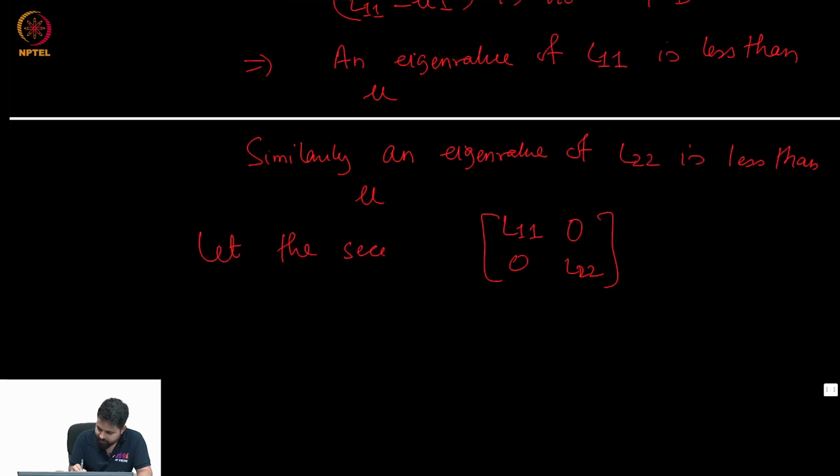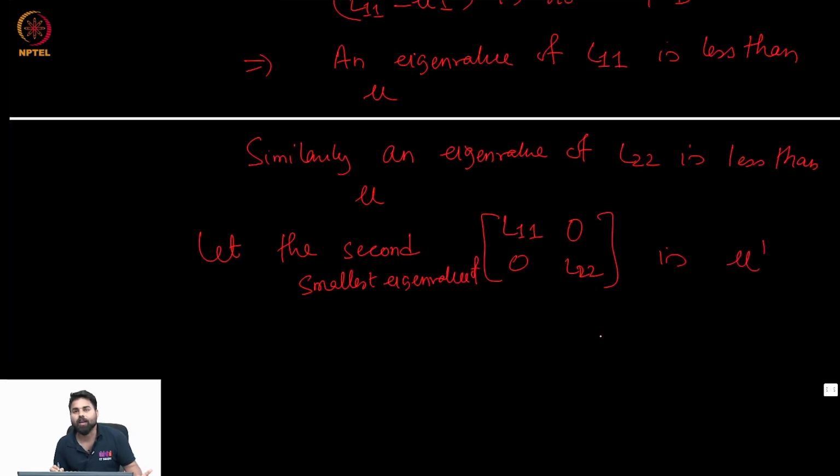So mu dash will be always less than mu, because it has an eigenvalue which is less than mu. So suppose this is mu dash, that is, mu dash is less than mu.